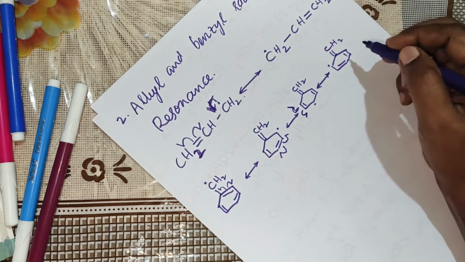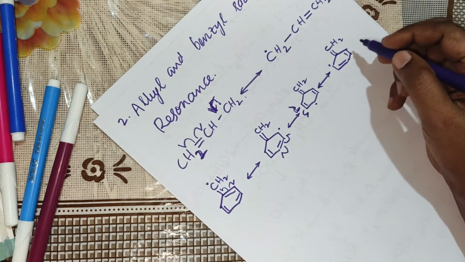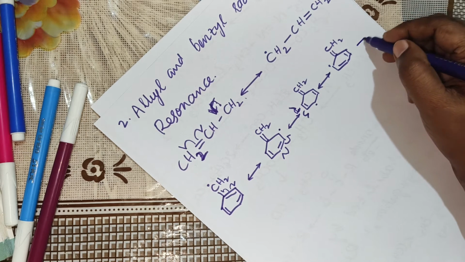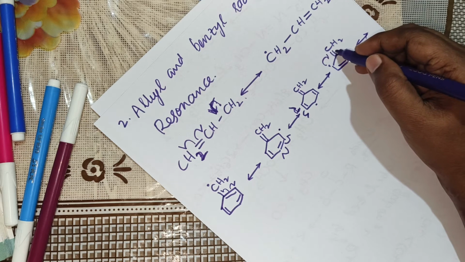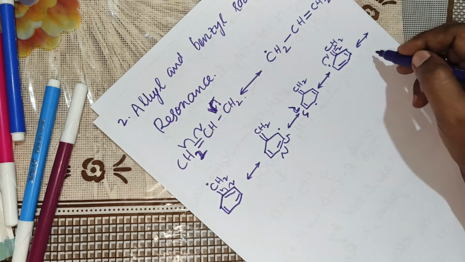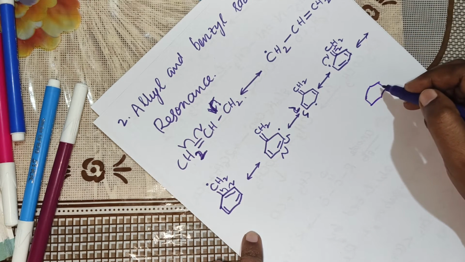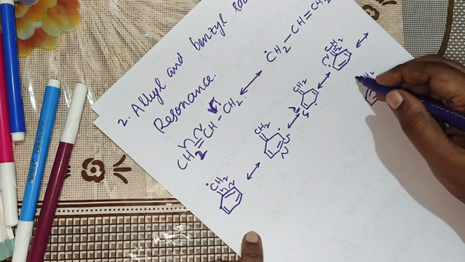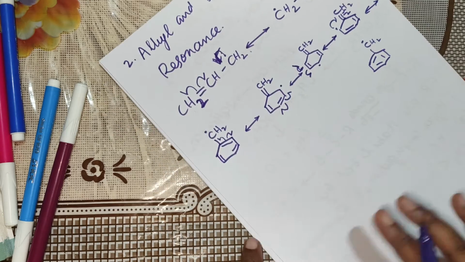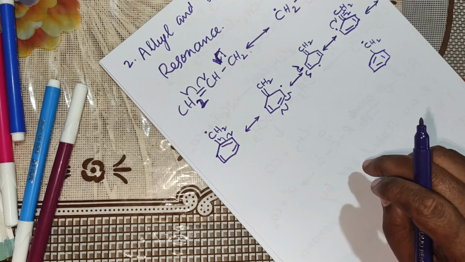It will be continued in this manner. Finally, by the changing of position, the final structure comes, again shifted towards this. CH2. Finally it comes. In this manner, the resonance takes place in free radicals.